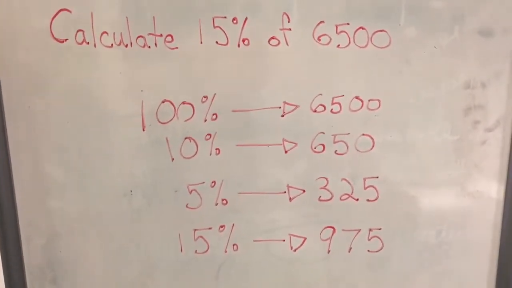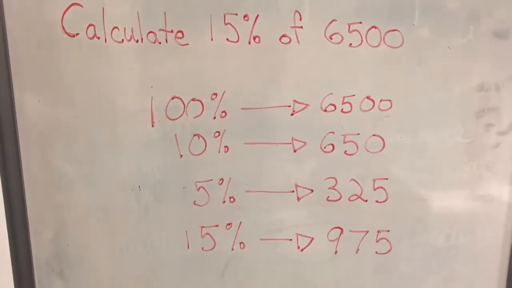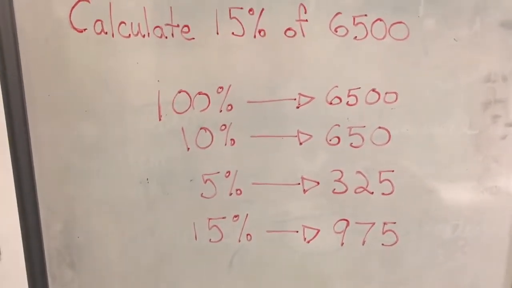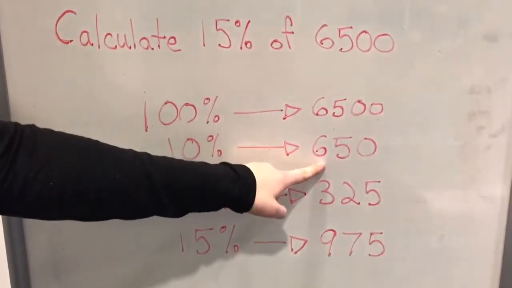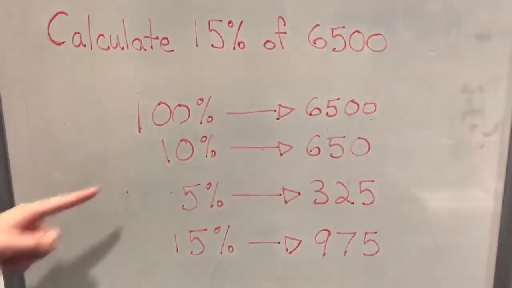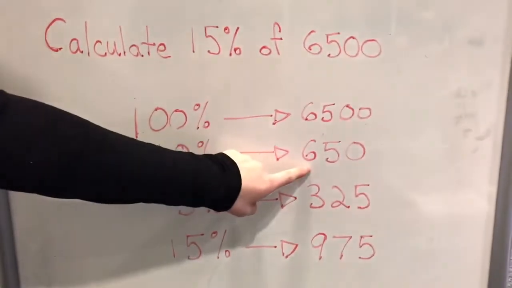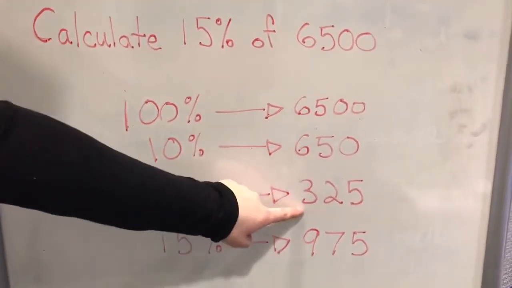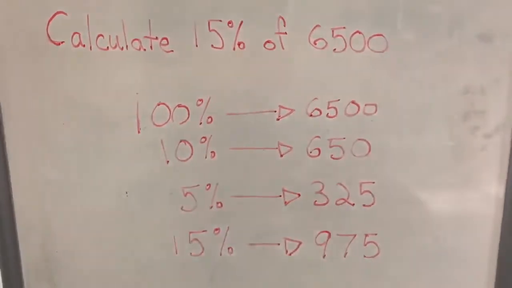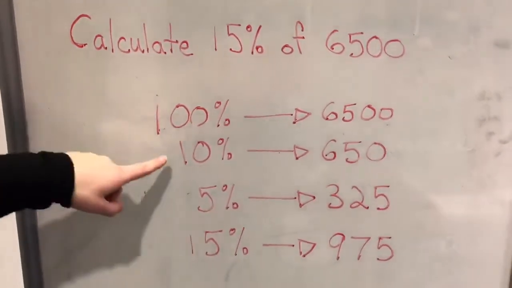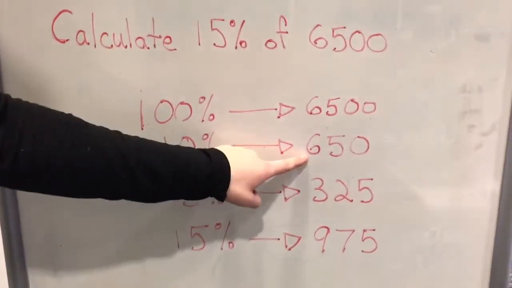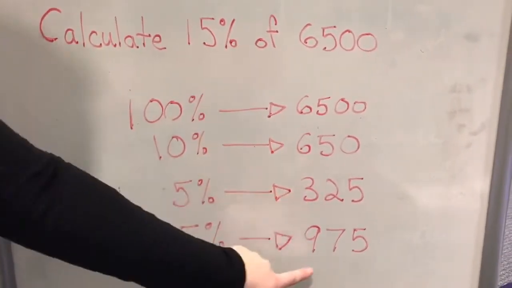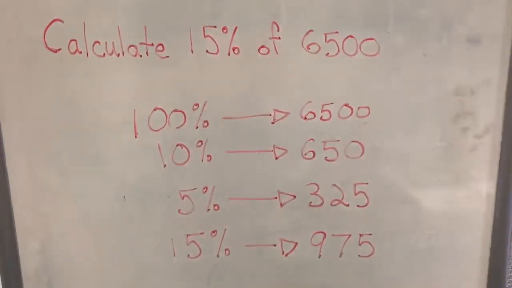We know that 5 plus 10 is 15, so we can find 10% and 5% and then add them together. 10% of 6,500 is 650, and 5 is half of 10, so we can do 650 divided by 2, which is 325. Then all we have to do is add 10% and 5% together to get 15%. So 650 plus 325 equals 975.